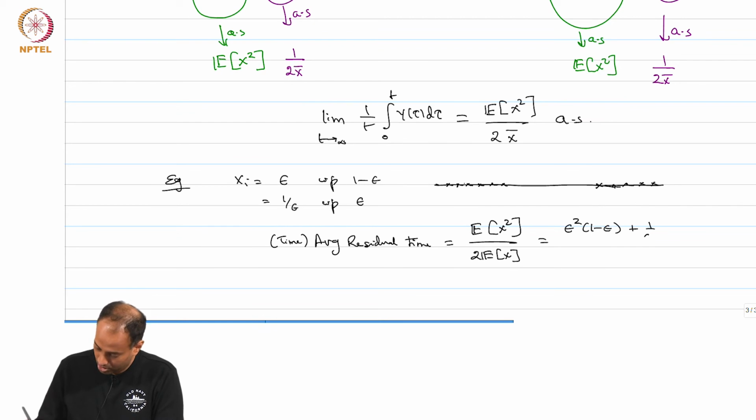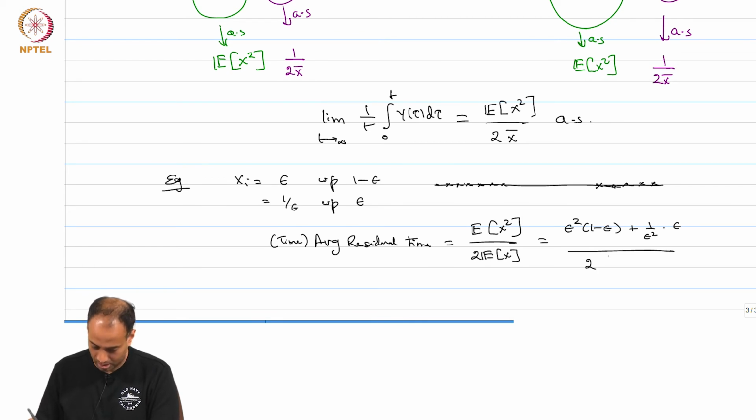Plus 1 over epsilon square times epsilon, over twice epsilon times 1 minus epsilon, plus 1, correct.